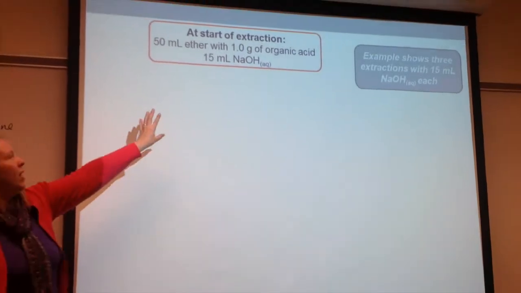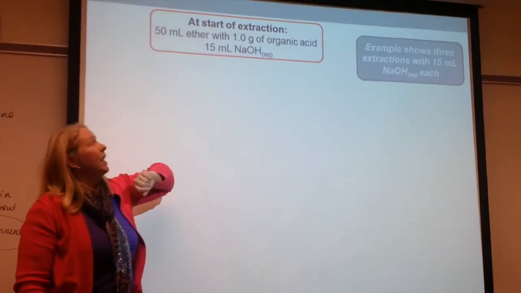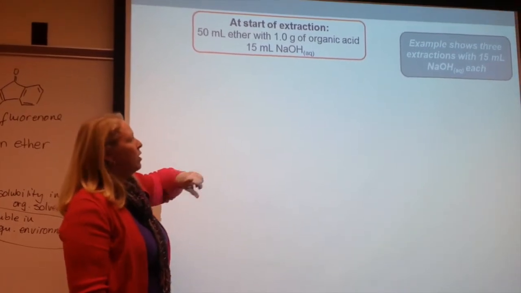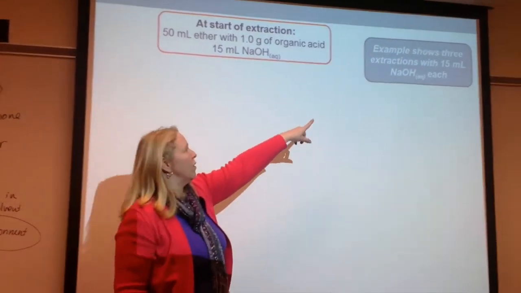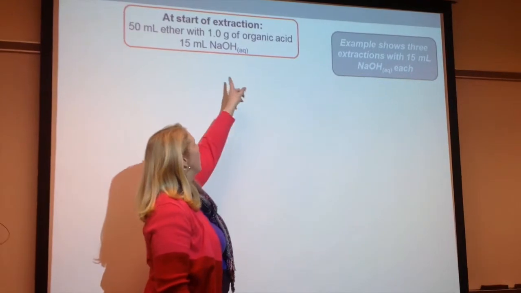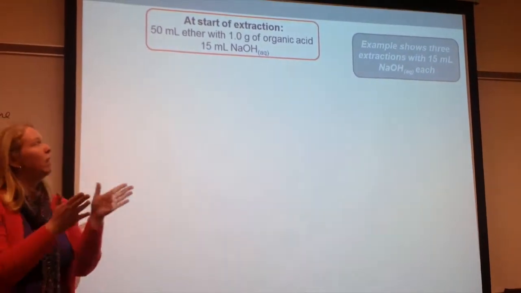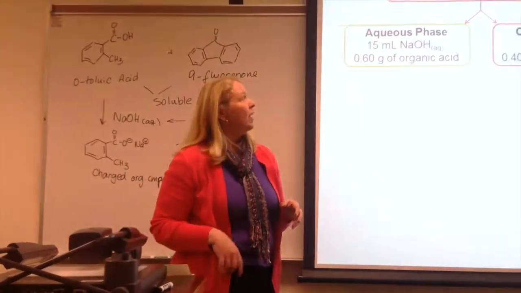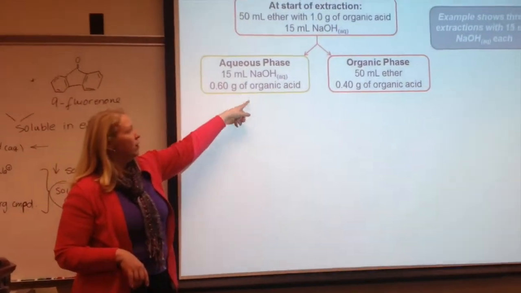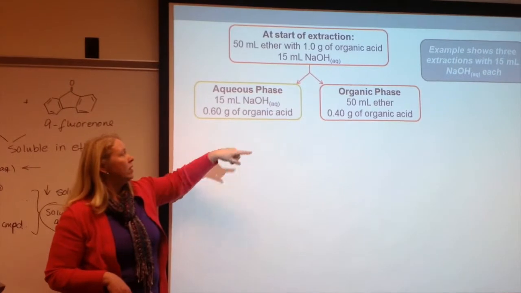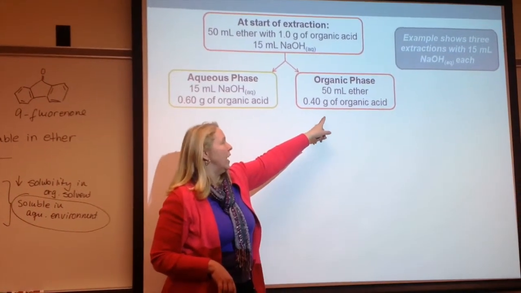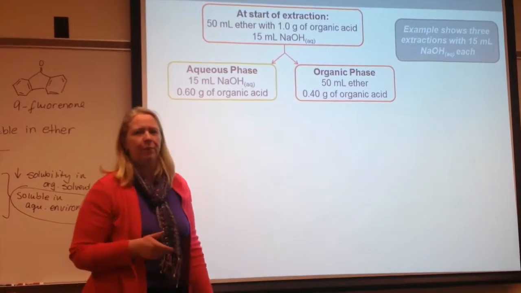Let's say we have 1 gram of our organic acid dissolved in 50 milliliters of ether. And we're going to try to do 3 extractions with 15 milliliters each of the sodium hydroxide. So after the first extraction, let's say we can extract 60% of our compound. So we get 0.6 grams of the organic acid in our aqueous layer, and 0.4 grams of the organic acid still remaining in the ether layer, right?